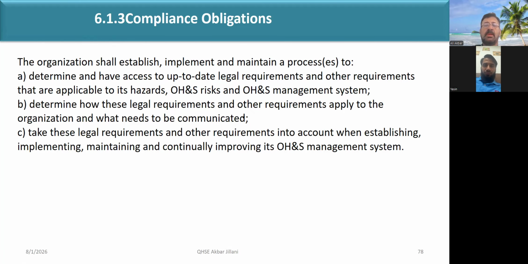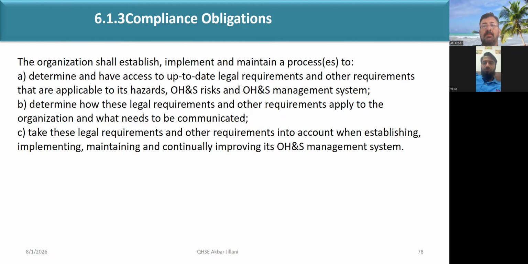ILO requirements, like, for example, confined space. Go to Google and search for ILO best practice for working in a confined space. Then the ILO will give you a reference to their code of practice.